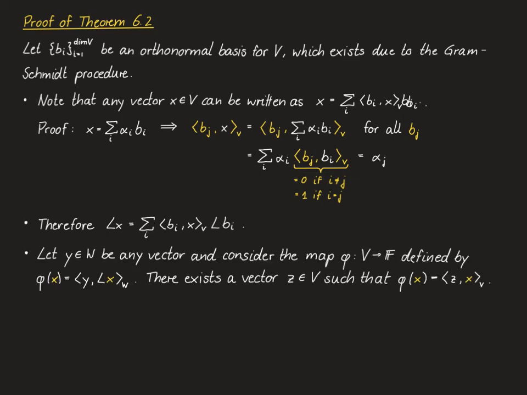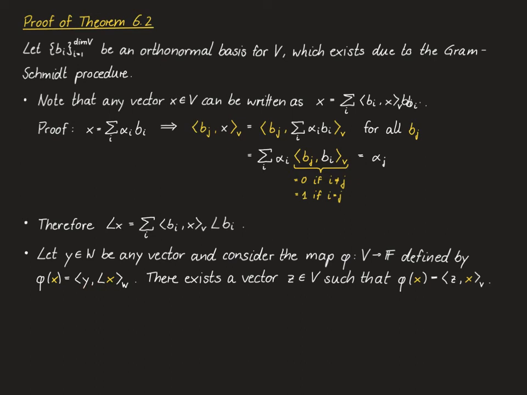Next, we're going to prove the following fact. Let y be any vector in the vector space W and consider the map phi that maps from V to the field and which is defined by phi of x equals the inner product of y with Lx.